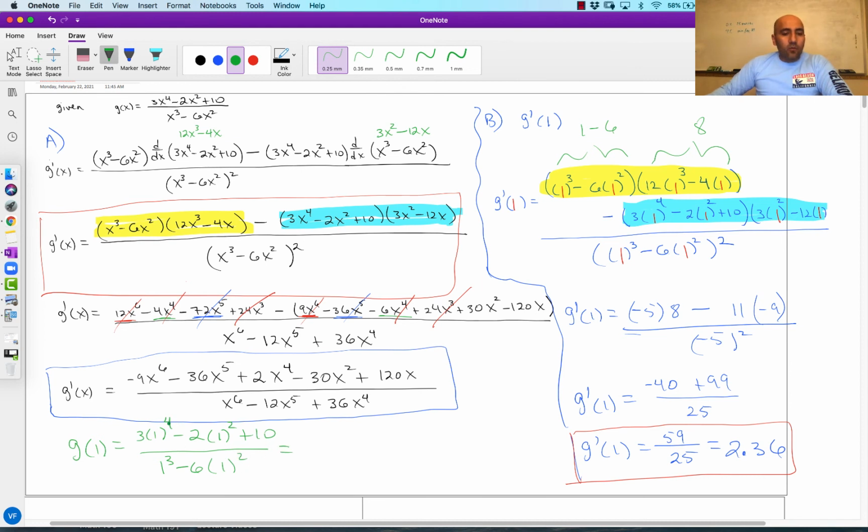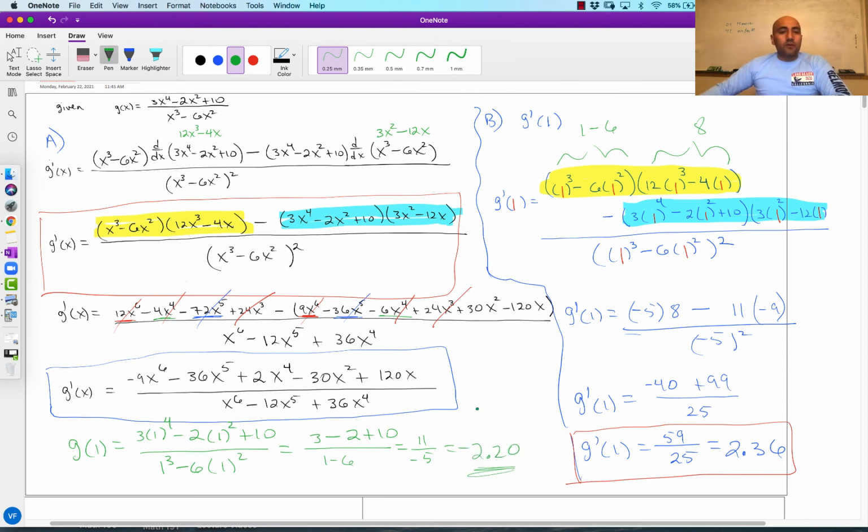So 1 to the 4th is 1 times 3. That's 3 minus 2 plus 10 divided by 1 minus 6. That's 3 minus 2, equal to 1 plus 10 makes it 11, divided by negative 5. And negative 5 goes into 11 twice with 1 remaining. So this is going to be negative 2.20.